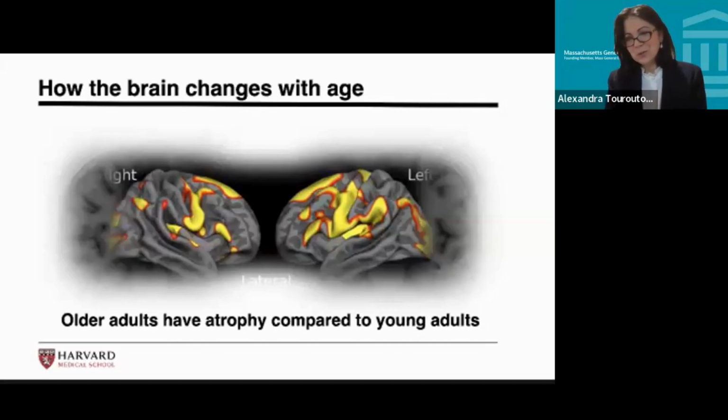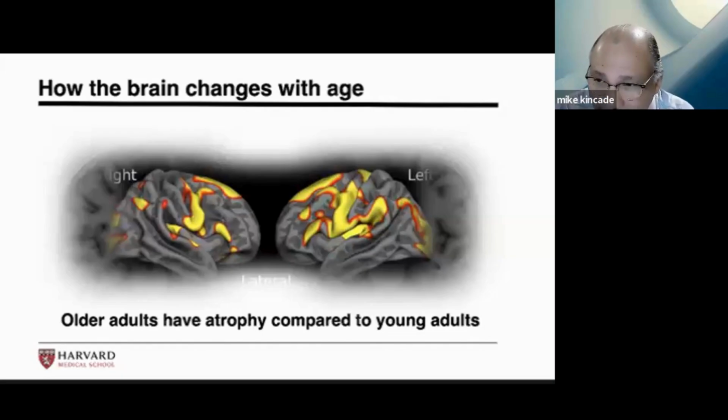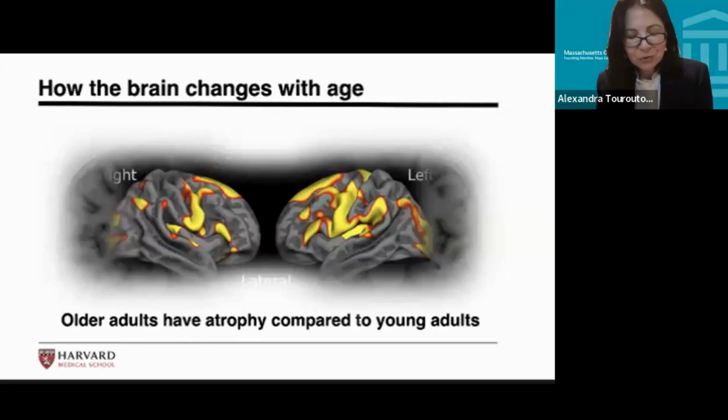Before you continue, I want to make a comment here. Thank you for mentioning that. When we talk about how we define superagers, there are centenarians who are known for their extreme age, over 100 years old.